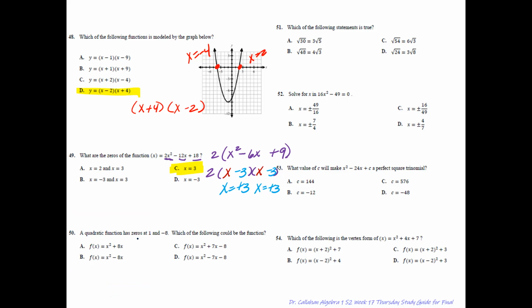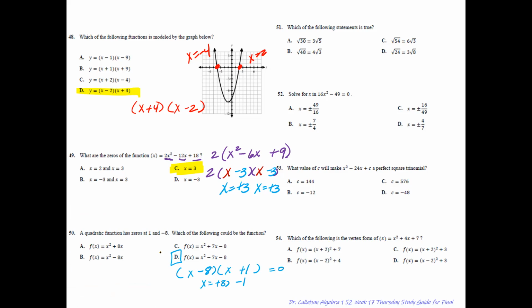A quadratic function has zeros of 1 and -8. Which of the following could be the function? Well, let's factor this. If I say it is D, I'm just guessing. I factor this. What times what gives me a -8, but when I add it together, gives me a -7? If I solve this equal to 0, x equals +8 and -1. And guess what?